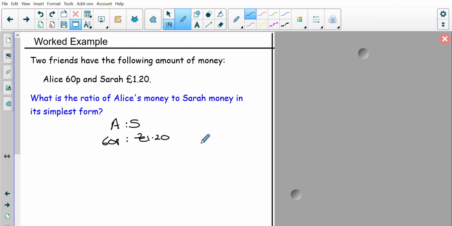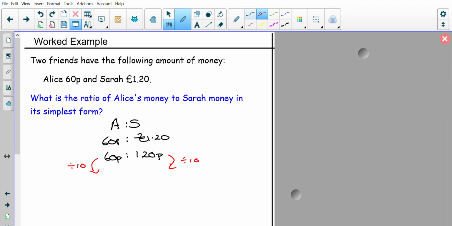Now, before we can simplify a ratio, it must be in the same units. So it's easier here to work in pence because then we don't have to worry about decimals. So I've got 60 pence to 120 pence, and then I can just simplify my numbers. So I can see here that I can divide by 10 because both sides of the ratio have got a 0 on the end.